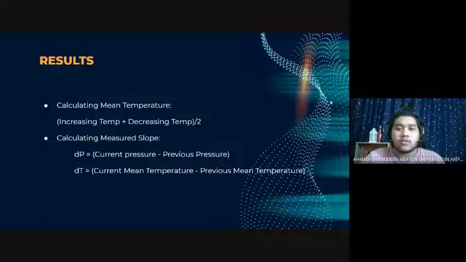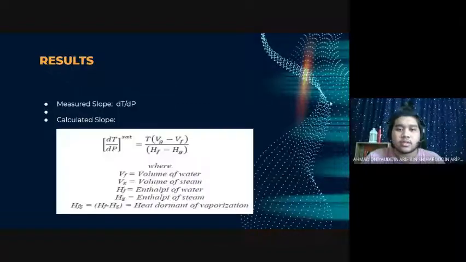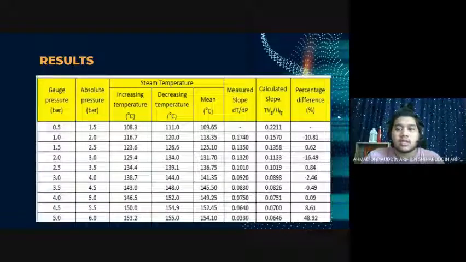The same goes for dT, which is the difference in mean temperature, where we subtract the previous mean temperature from the current mean temperature. We will then divide dT by dP to obtain the measured slope, as we can see in this table.